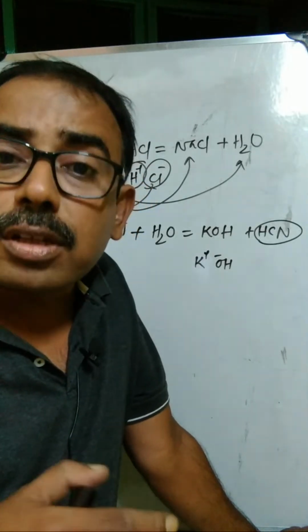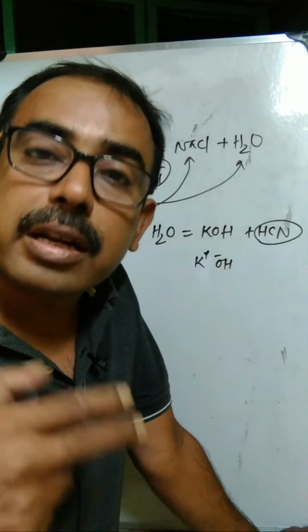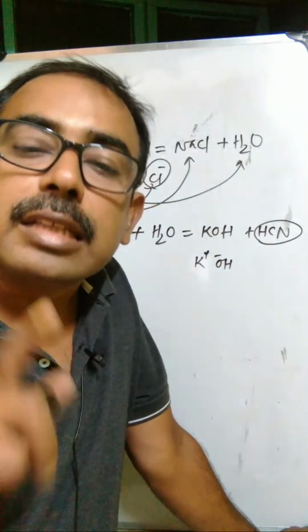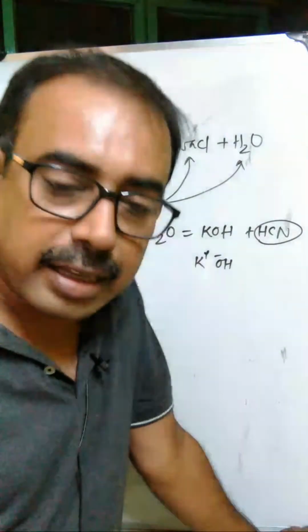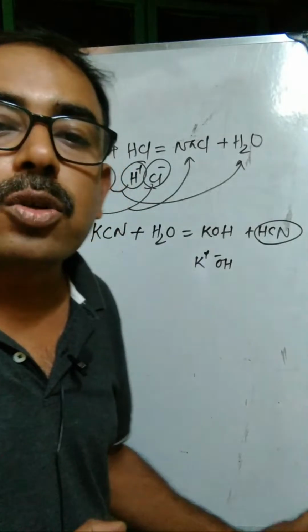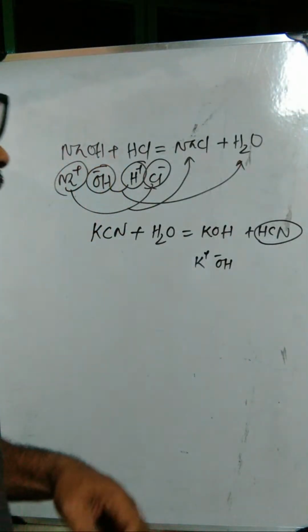So in the aqueous solution of KCN, we will have a greater number of OH minus ions than H plus ions. That's why the aqueous solution of KCN is not completely neutral, but it is basic in nature. That is how we can explain it.